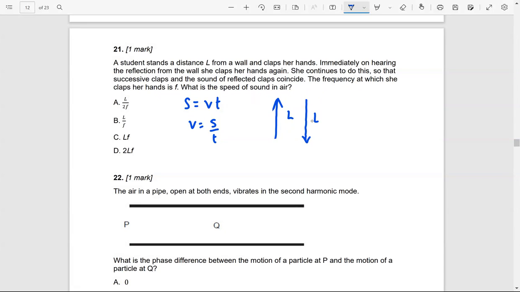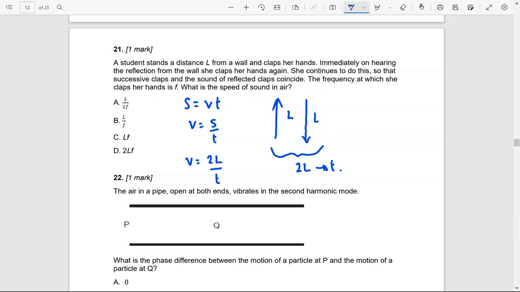So every time the sound travels a distance 2L, she claps her hands. So it does it in time t.